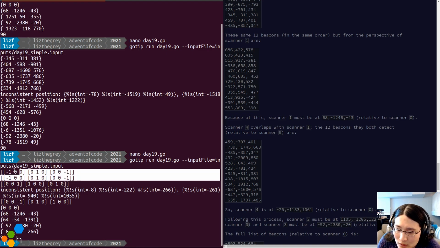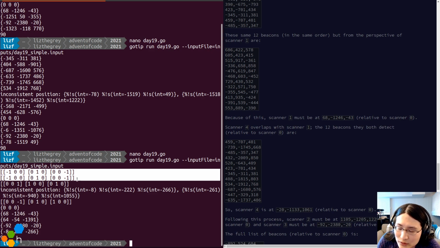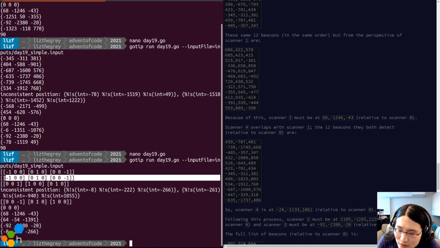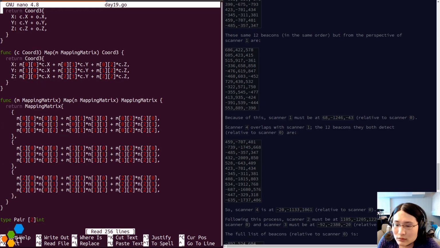So the first two that I identify that do not have inconsistencies look like this. But this third one here does have an inconsistency.